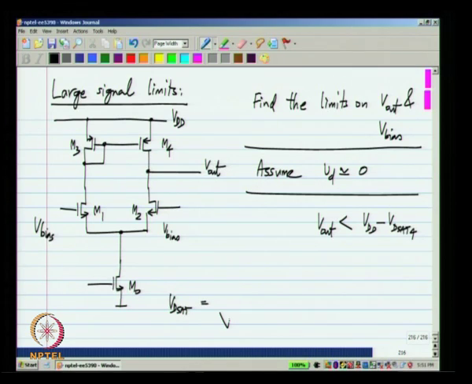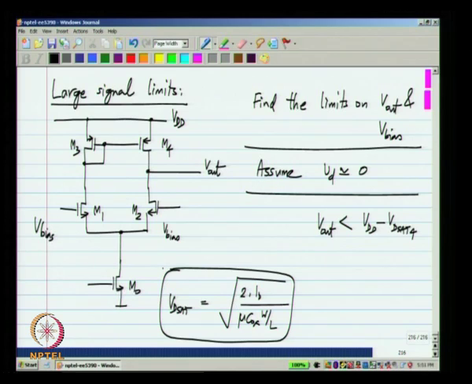VD sat is nothing but square root of 2 ID by mu Cox W by L of the respective transistors. This is the gate overdrive or the VDS that is required for saturation. So, VD sat 4 we will calculate at a current of I naught by 2, and in this particular case this will be 2 times I naught by 2, and what we have here is W3 by L3, that is the same as W4 by L4.